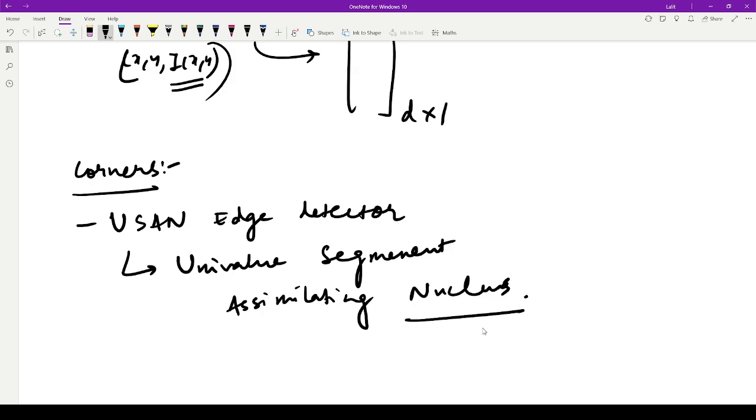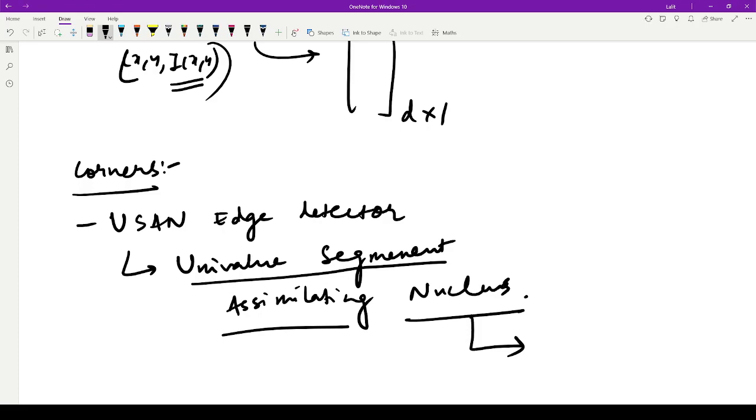Nucleus means the center point. Assimilating nucleus means whatever nearby pixels are similar to that of the center point. Uni-value segment means all the values in that specific segment are the same as that of the center pixel. That's what it means.